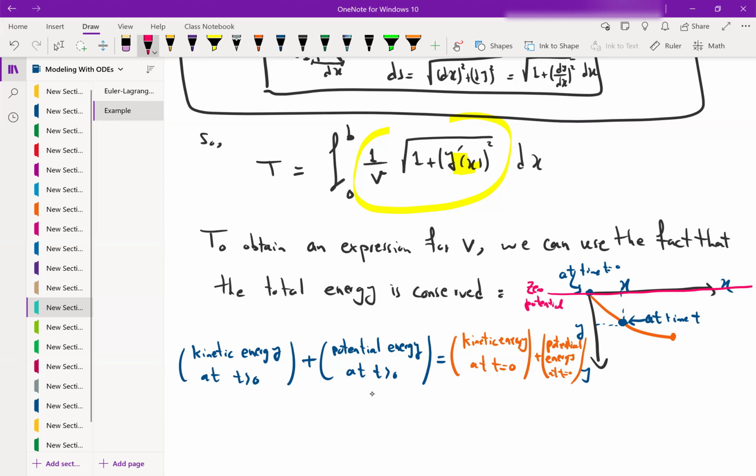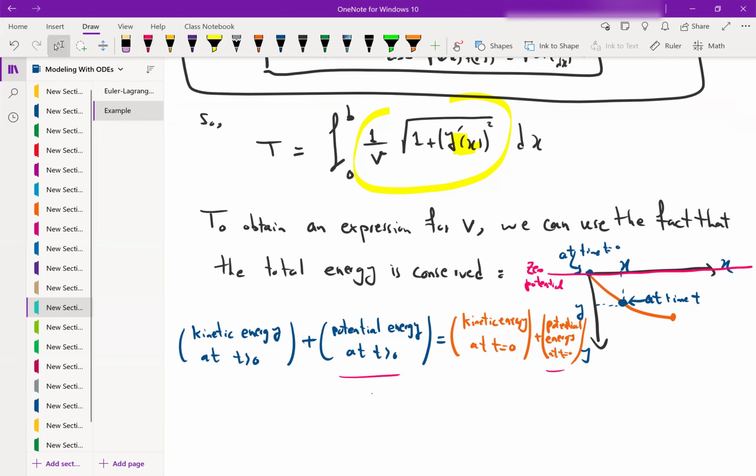What really matters is the difference between the potential energies. If you do that, then this quantity will be 0. At time t equals 0, the potential energy is 0. Also, the statement of the problem says that the bead is released from rest, so the velocity of the bead at t equals 0 is 0. This is also 0. Okay, so far so good.